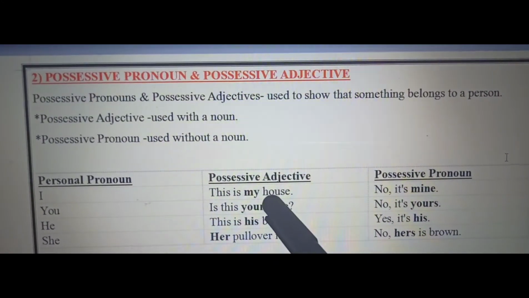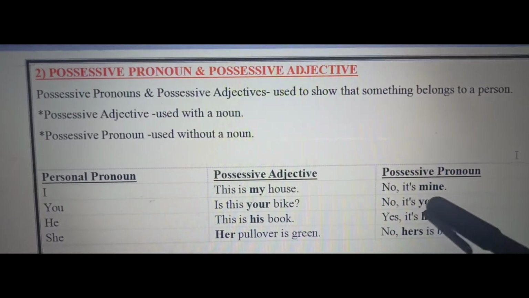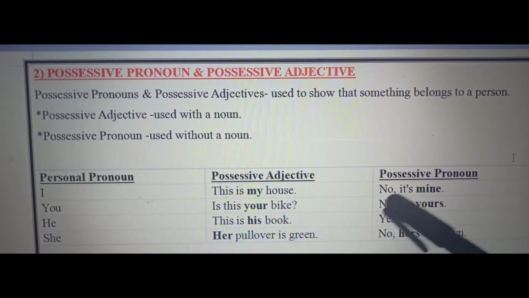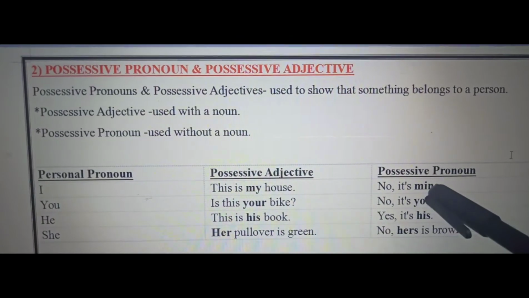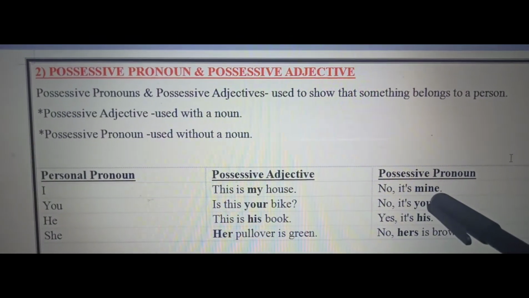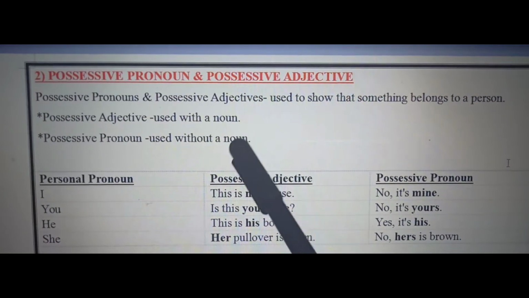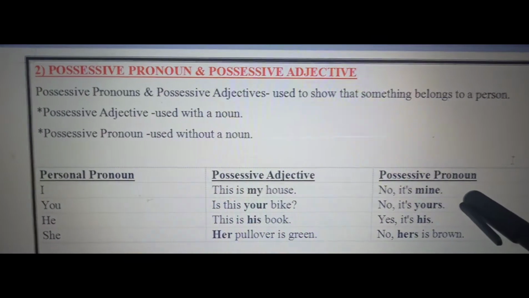Now in case of possessive pronoun, it is mine. No, it's mine. Here you can see that mine is a possessive pronoun and we have not used a noun with it, which I told you, they are used without a noun.